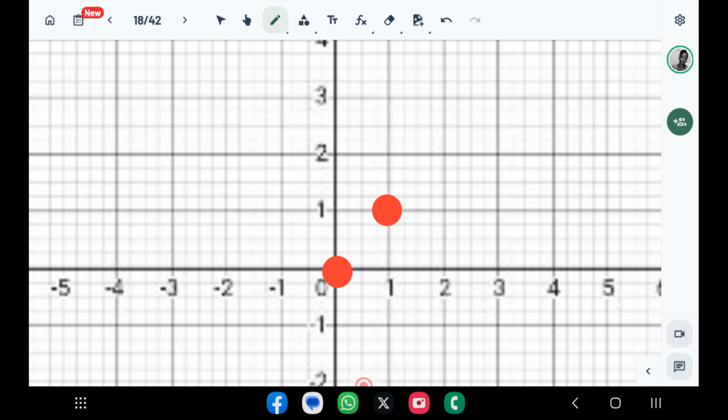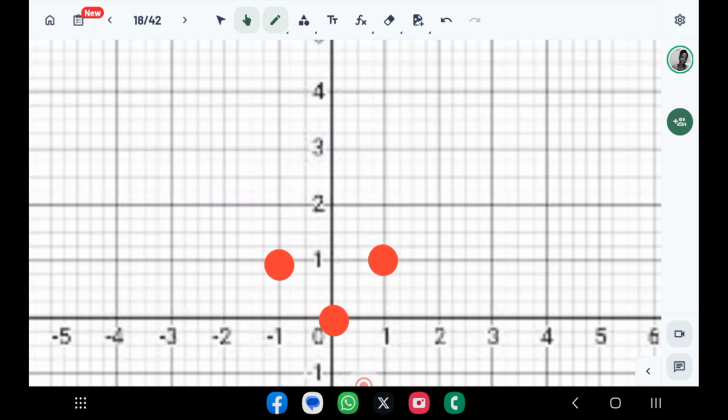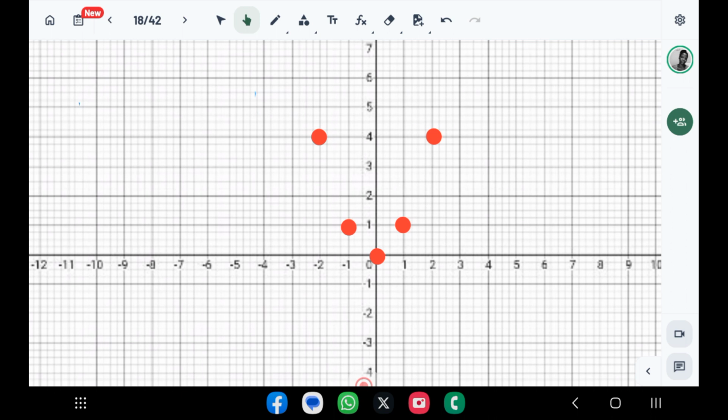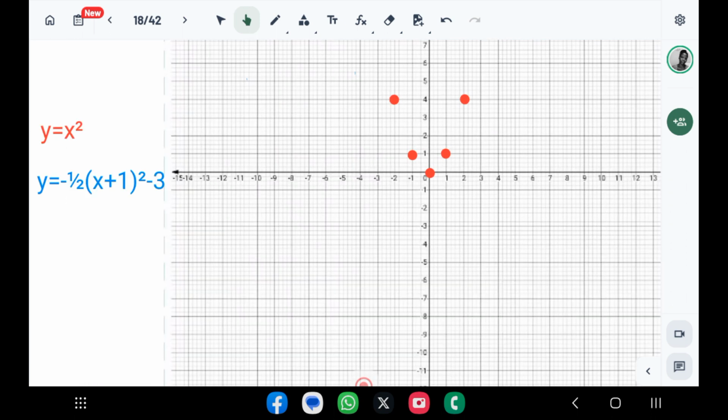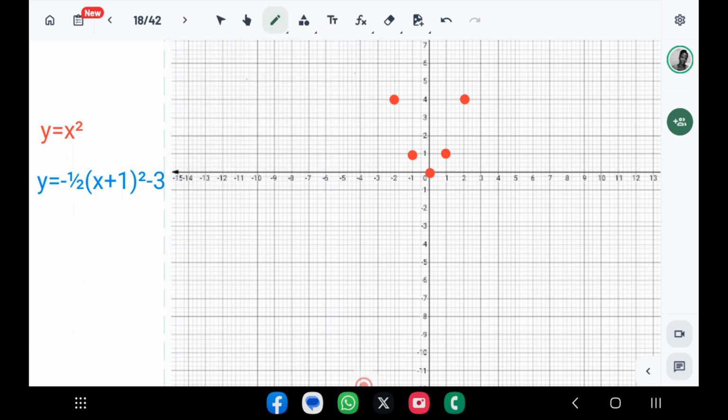So that's (0, 0), (1, 1), (-1, 1), (2, 4), and (-2, 4). We don't have any 9s up there. Now let's join the points, and on the other side as well.